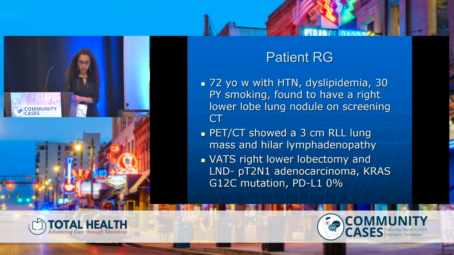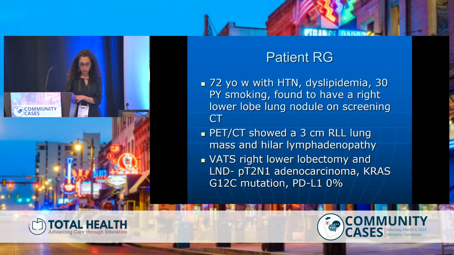Next patient, 72-year-old with hypertension, dyslipidemia, 30 pack year smoking history, found to have right lower lobe lung nodule on a screening CT. PET CT showed the 3 centimeter right lower lobe mass and hilar adenopathy. He undergoes surgery, so now he's not seeing us.